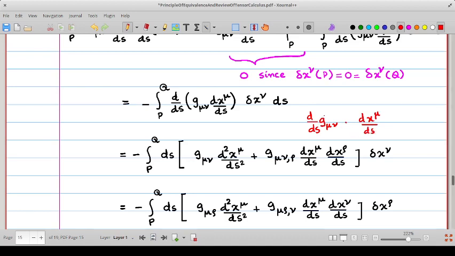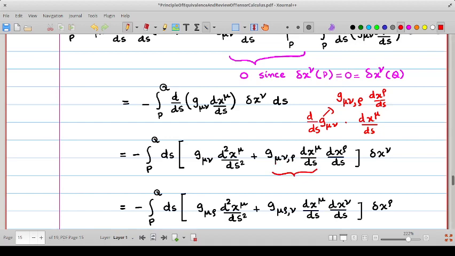But again, g mu nu depends upon s through its dependence on the coordinates x mu. So this quantity can be written as the derivative of g mu nu with respect to x rho times derivative of x rho with respect to s. So that is what we have written here.